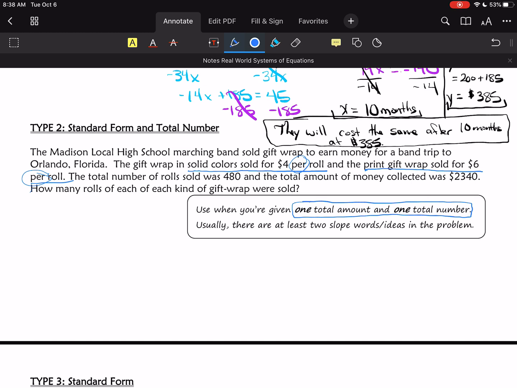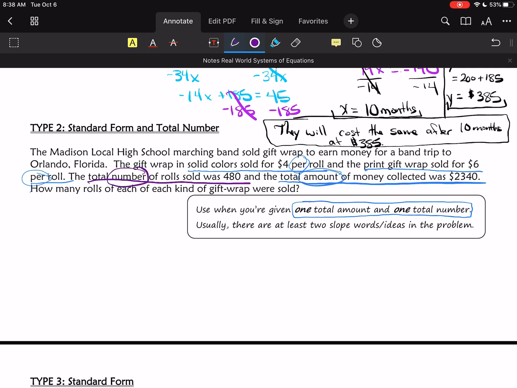So we see that the total number of rolls sold was 480, and the total amount of money collected was $2,340. So we have the total amount, and we see the total number.